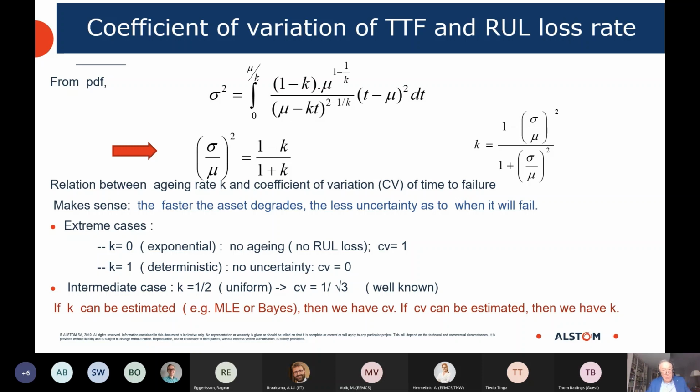So if we have a way to estimate the aging rate k, for instance, by maximum likelihood estimation or by Bayes, then we have the coefficient of variation. And conversely, if we can estimate the coefficient of variation, we have the parameter k.